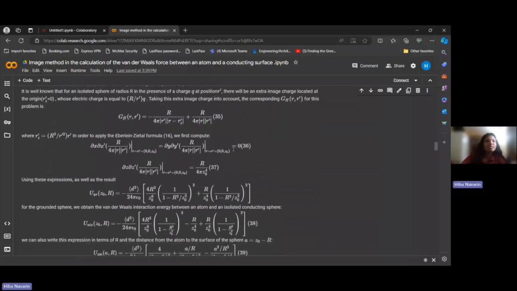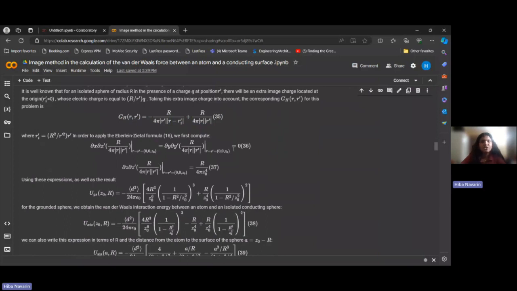Let's take an isolated sphere of radius R, and we take a charge q at a position r'. There will be an extra image charge located at the origin, whose electric charge will be equal to R, the radius, divided by r', times q.